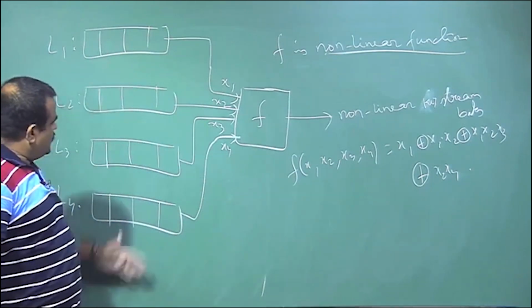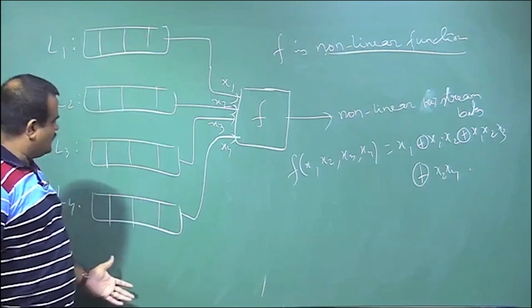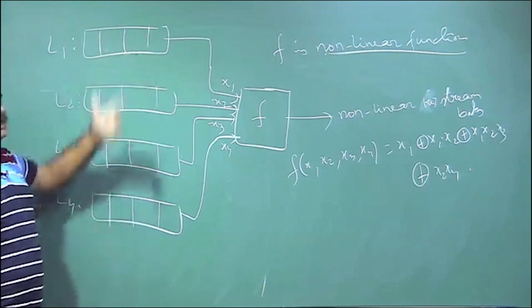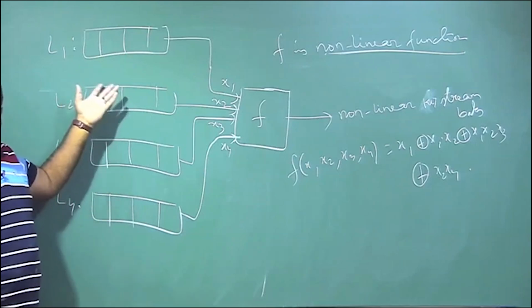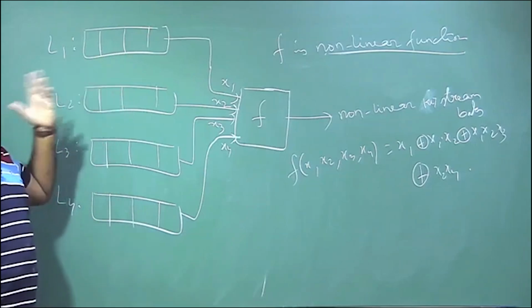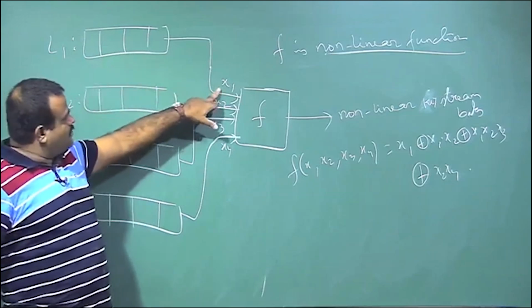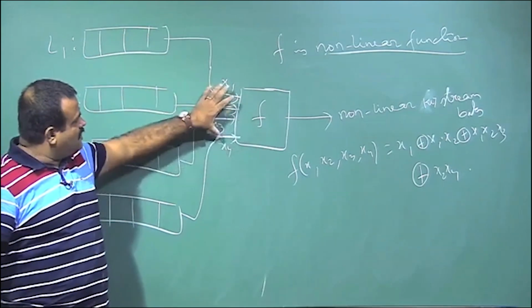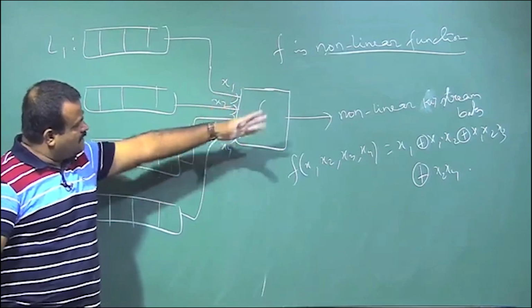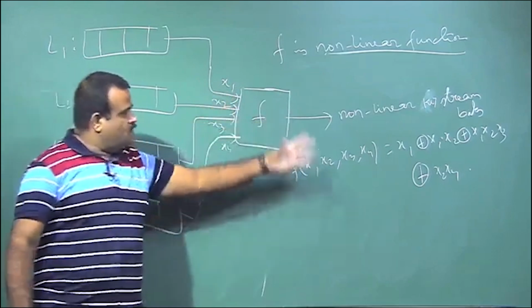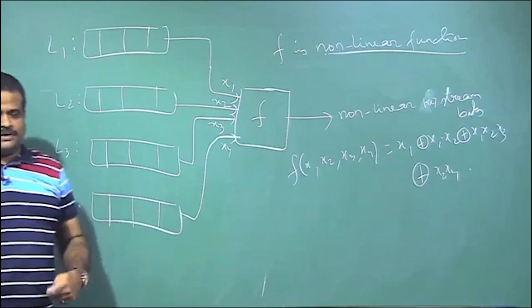This could be extended up to n LFSRs, each of L bits. So, we have n polynomials of degree L and each is giving us 1 bit, and f takes these n bits and gives an output bit, which is a non-linear function.